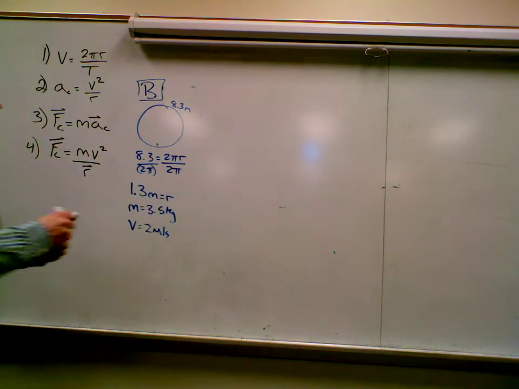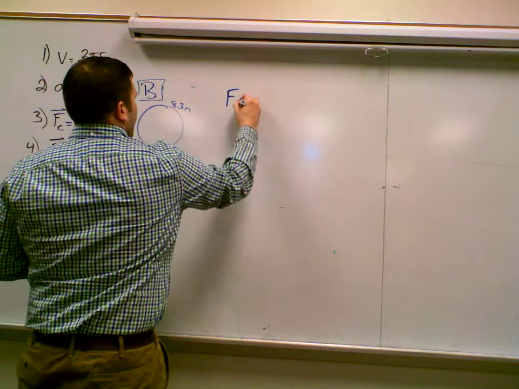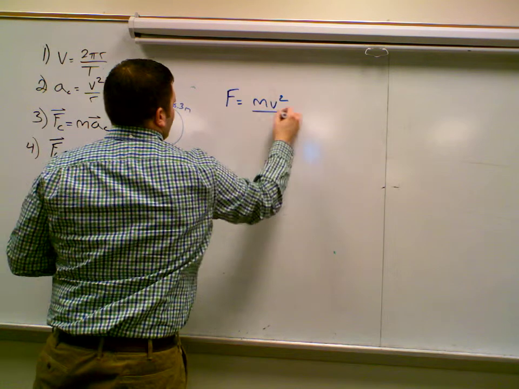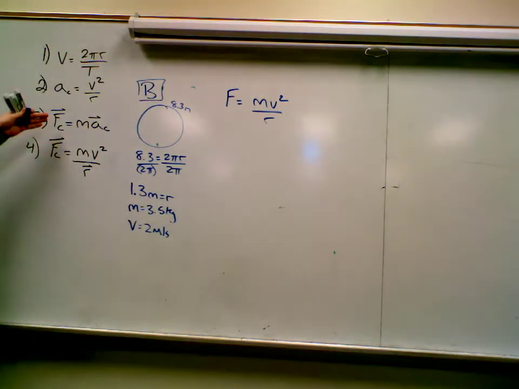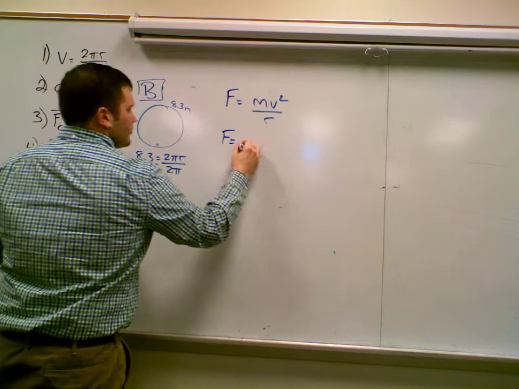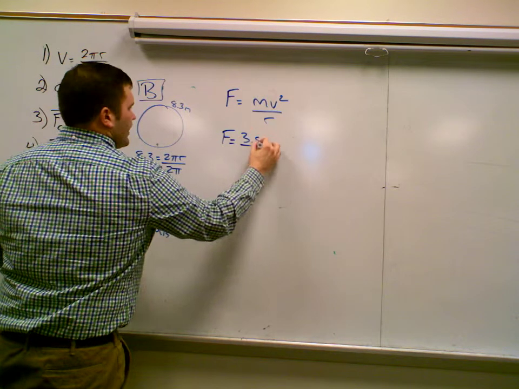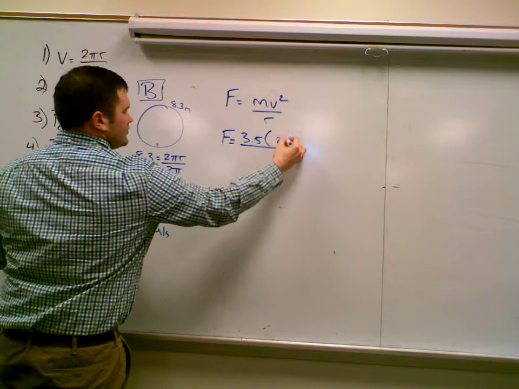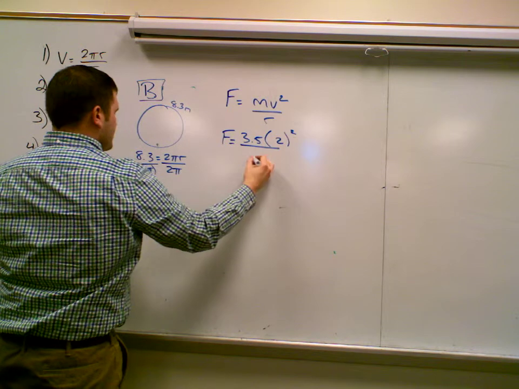So F equals mv squared over r. Now we could use this to find acceleration and plug in the 3, but this works too. F equals 3.5 times v squared over r.